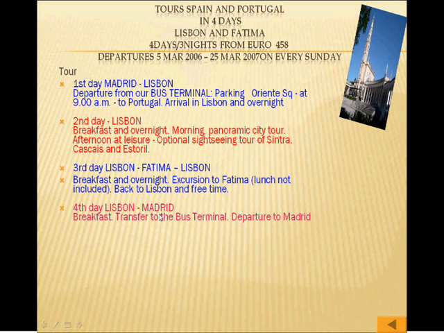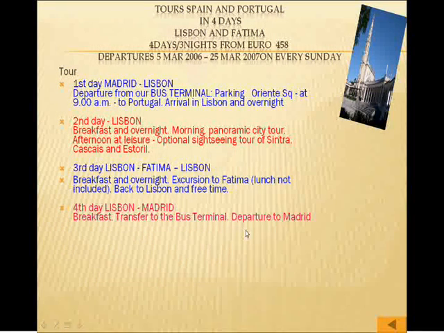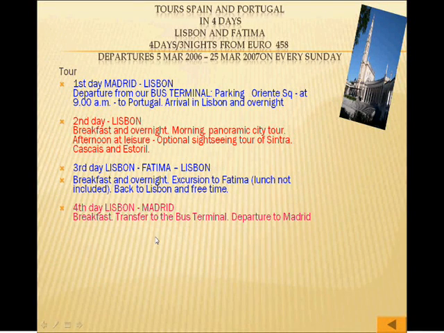Remember, they started their trip the first day from Madrid. So the fourth day we got in Lisbon, we have breakfast, transfer to the bus terminal, and departure to Madrid. Again, transfer means they travel from the bus terminal, okay?